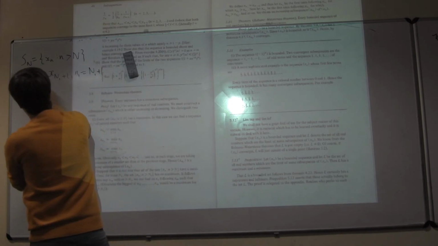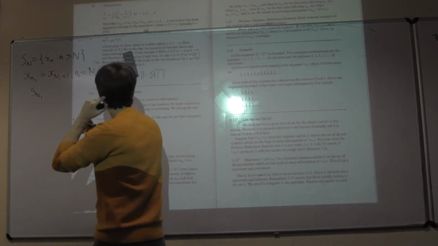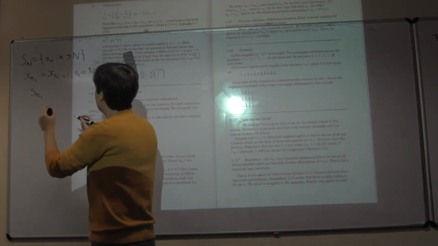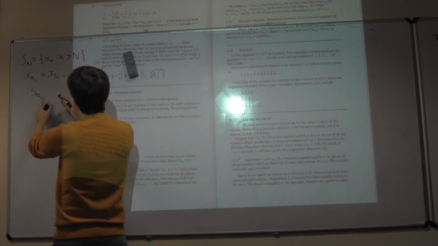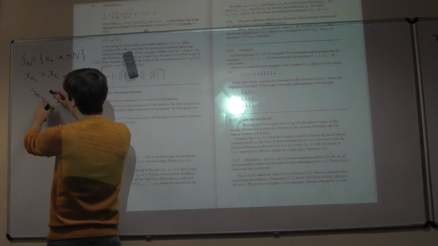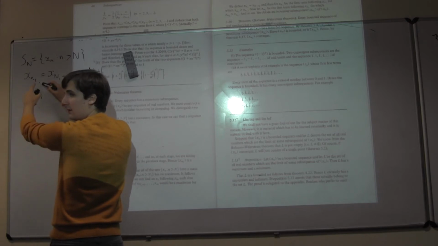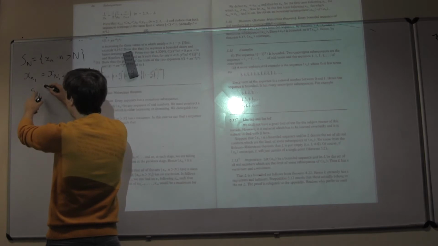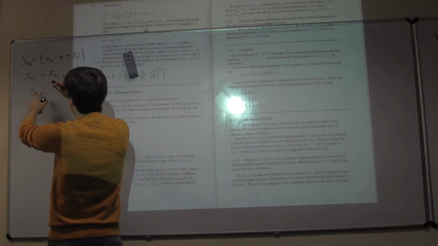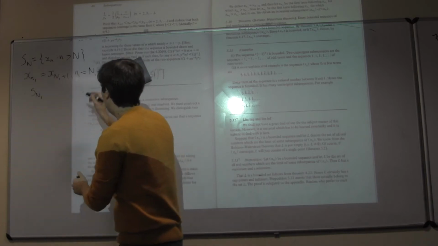So S of capital N1 doesn't have a maximum, so S of capital N1 must contain at least one element which is bigger than x of n1, because if it didn't, then, yes, it's the same idea again.